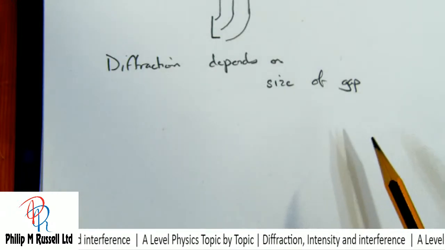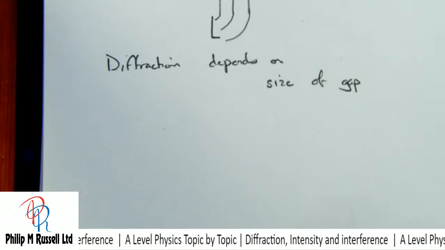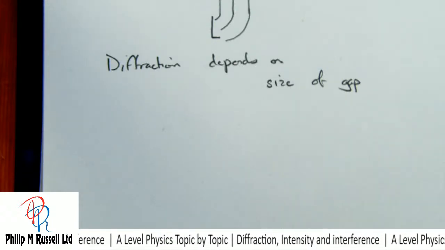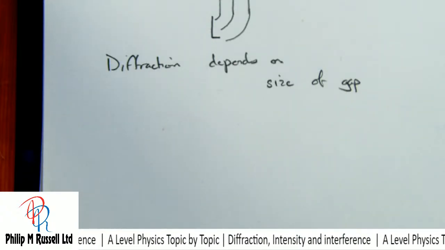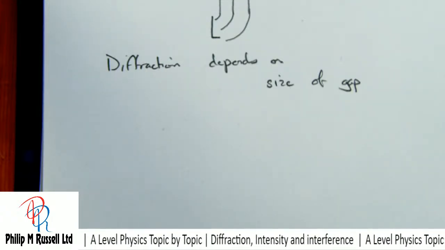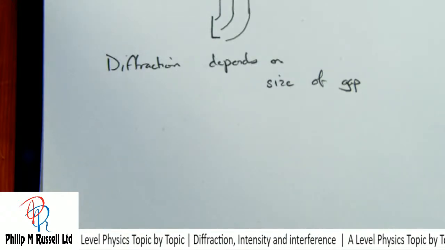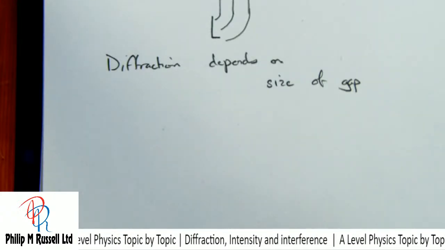So if you look at this with sound, for instance, the audible sound range is sort of from a few centimetres to a few metres depending on the frequency. So a doorway is, let's suppose, about a metre wide.